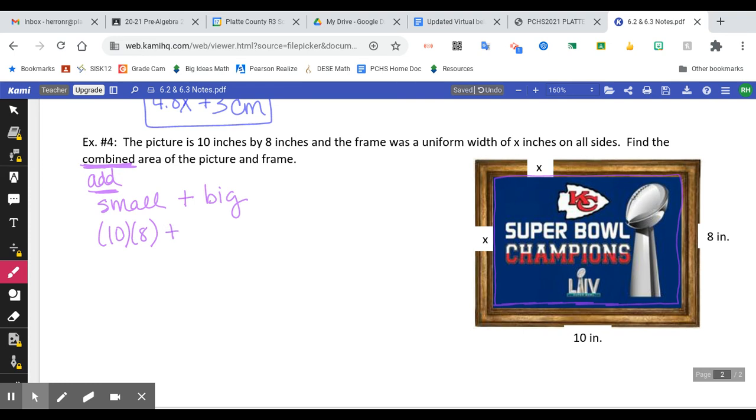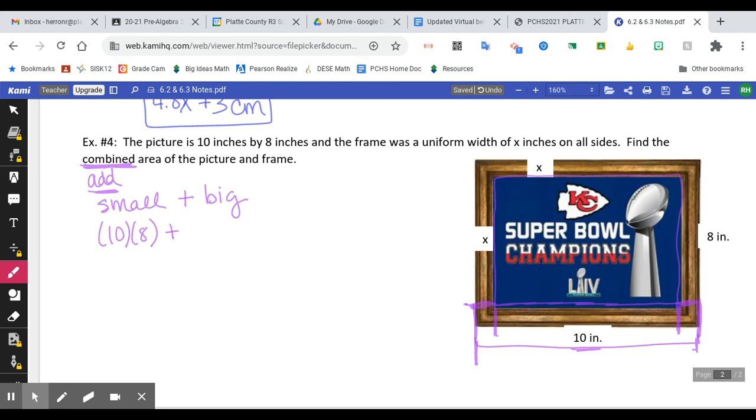This is the tricky part. If from here to here is 10 inches, I want to know what it is from here all the way out to here. So now I have to add in this part and this part to go all the way across.